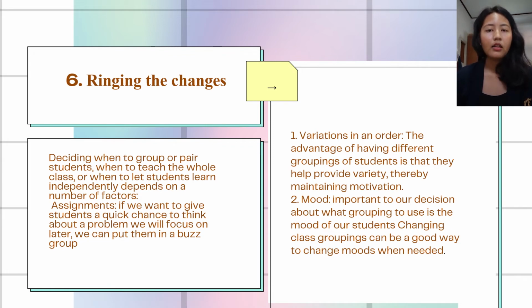If, on the other hand, groups appear to be losing their way or not working constructively, we can call the whole class back together and redefine the tasks, discuss problems that different groups have encountered, or change the activity.